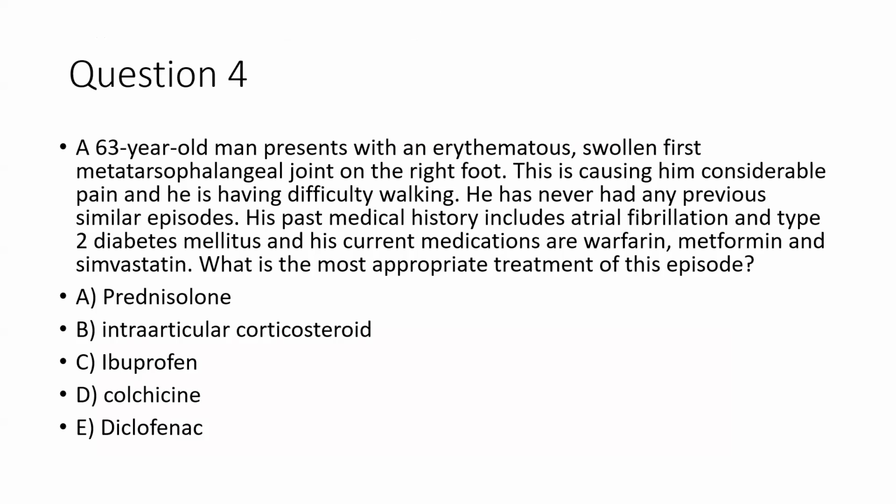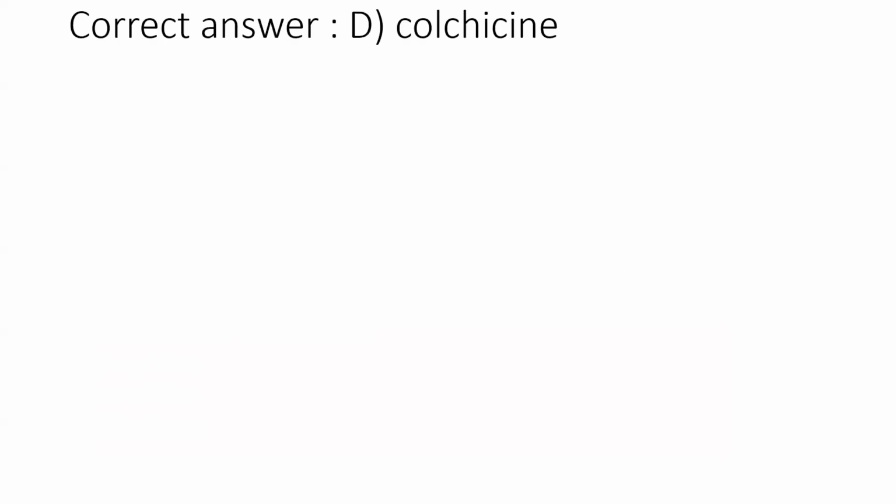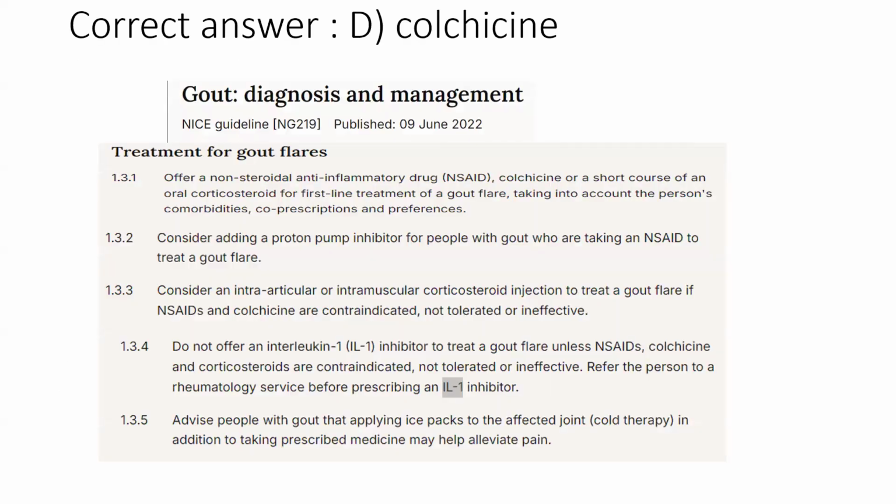What about diclofenac or ibuprofen? So take into context that he is on warfarin. So if we add another NSAID, there is an increased chance of GI bleeding. So that pretty much leaves us with the options between intra-articular corticosteroids and colchicine.